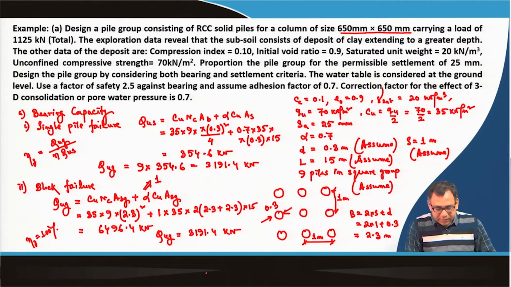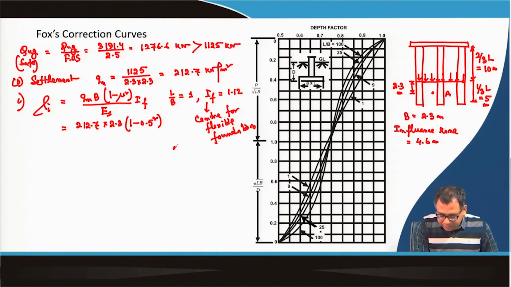Is the mu value given in the problem? No, it is not given. So, for the clay we are assuming that the mu value is 0.5.